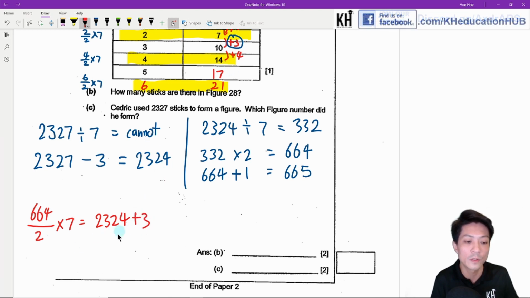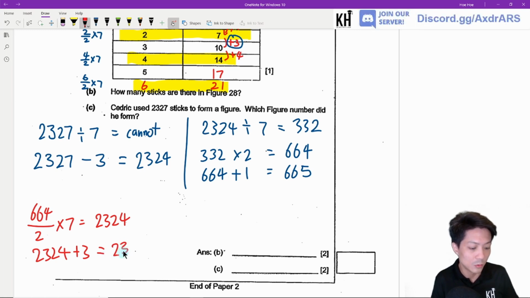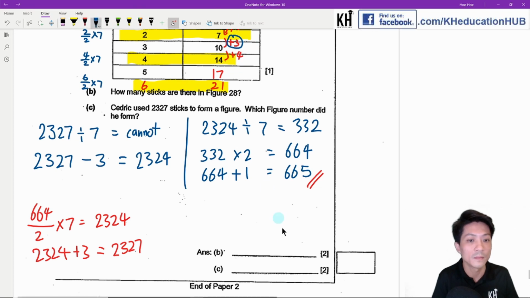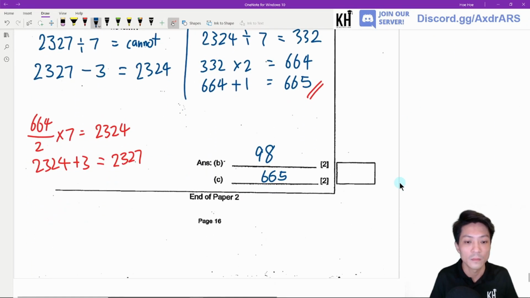Plus 3 will give me 2,327. Okay, so this is the answer for part C. Was it 98? Yep. Okay, so we have come to the end of the paper.